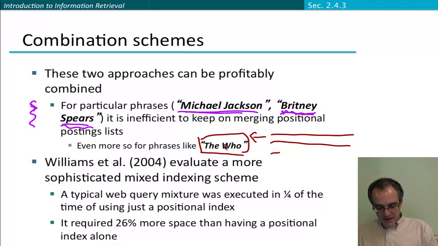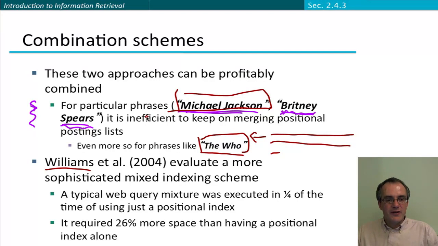In a 2004 paper from a group in Melbourne, a well-known information retrieval group, they investigated a more sophisticated mixed indexing system. For common phrases, like these examples, they built and indexed the bywords, whereas rarer phrases were handled by a positional index.